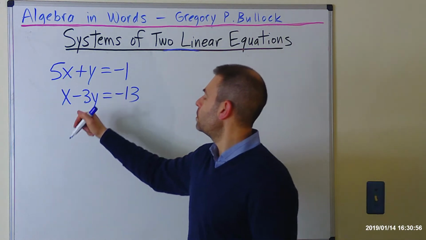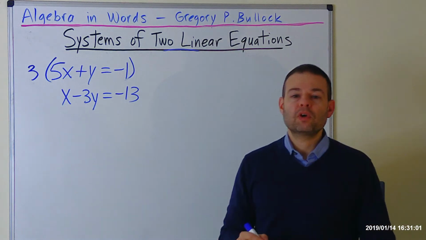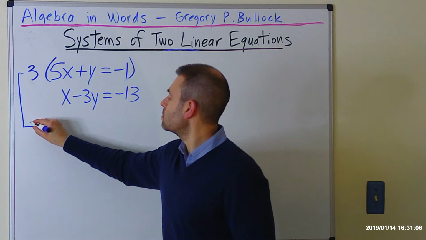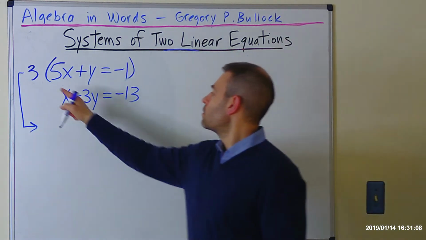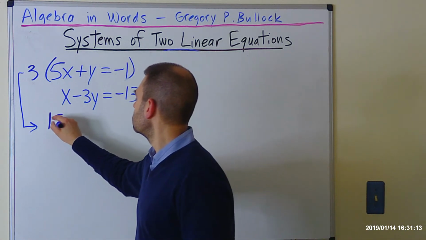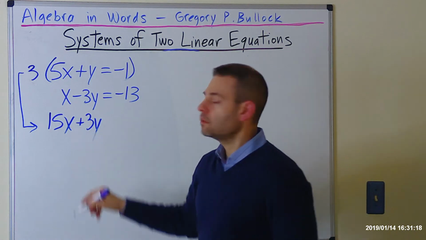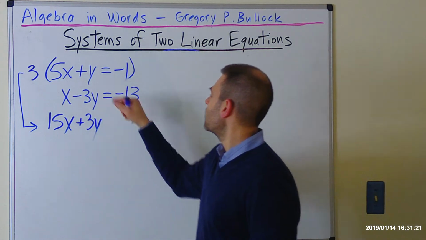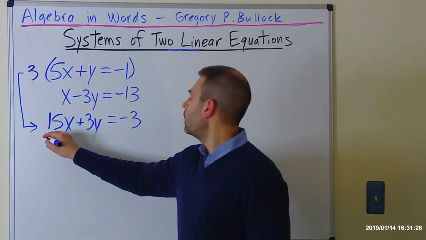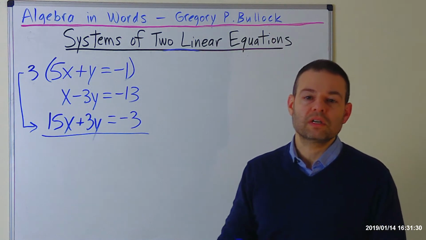So I'm going to multiply the top equation through by positive 3, and I'm going to write what that becomes in the line below. 3, so distribute. 3 times 5x is 15x. 3 times y is 3y, positive, and 3 times negative 1 is negative 3.